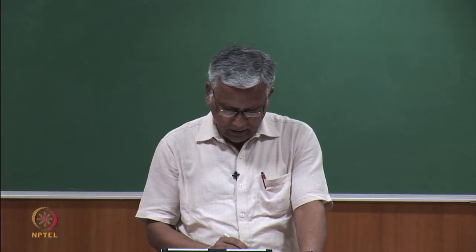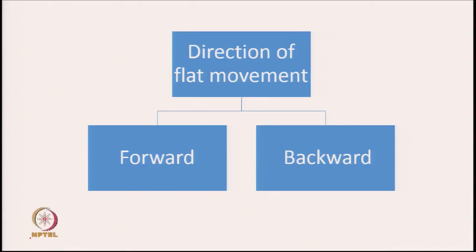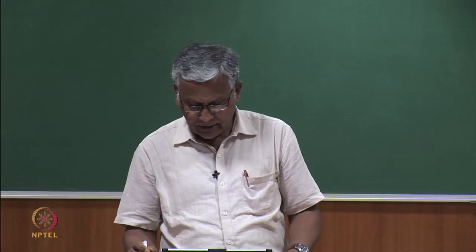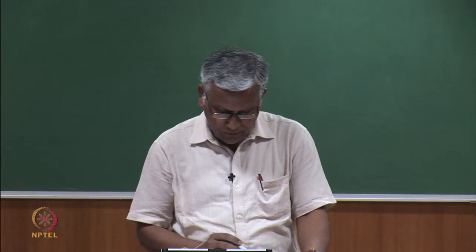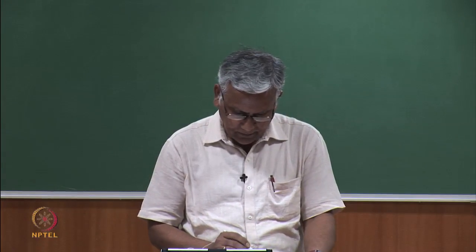However, in the machines that have been developed, there are two ways in which the flats can move, and we will study these two. One is they can move in the forward direction, which is there in most of the carding machines. They can also move in the backward direction.